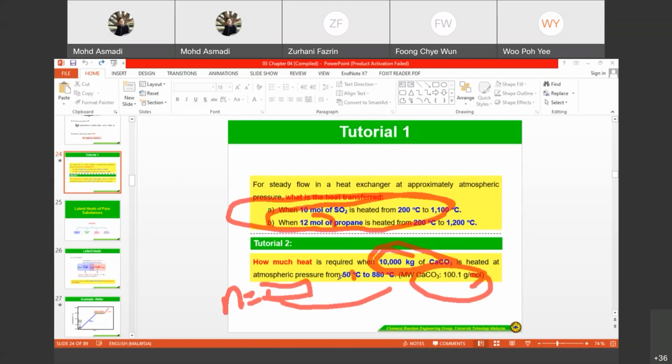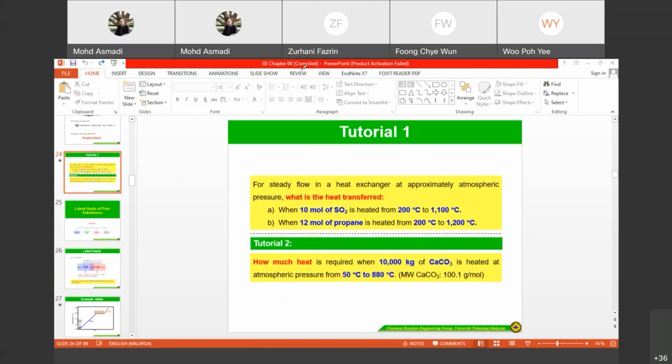Just identify the initial temperature and initial pressure, convert into Kelvin, and then determine tau. T naught and then T, and then tau. What else?